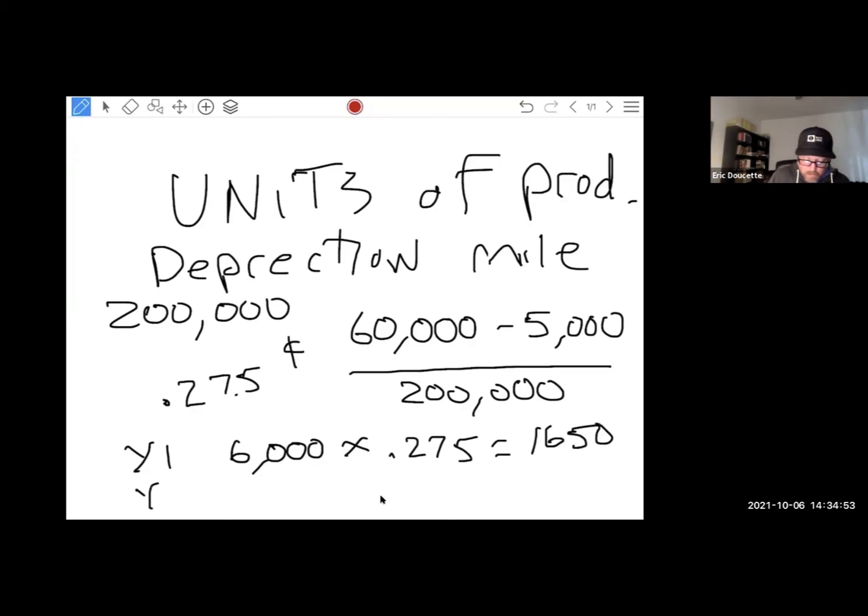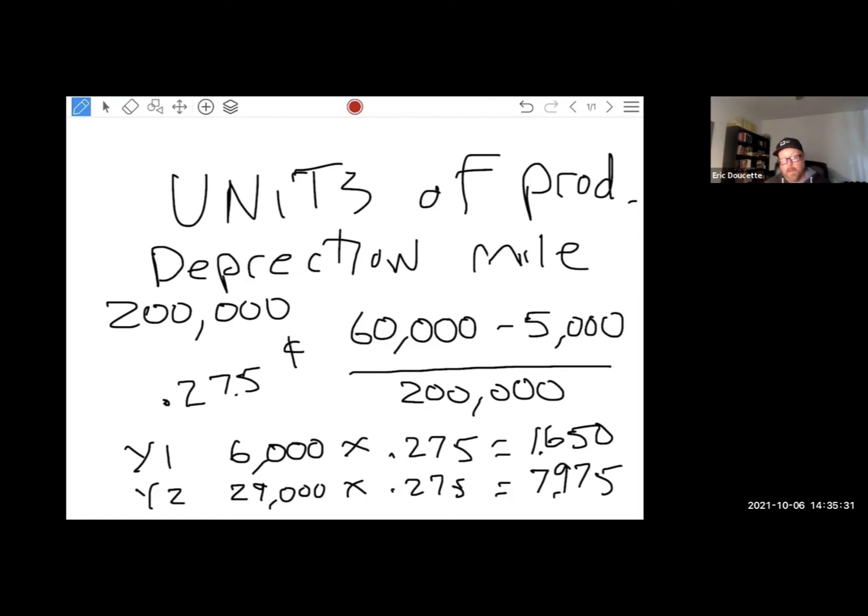If in year two I drove it 29,000 miles, so 29,000 times 0.275 equals 7,975. So in year one I didn't drive it that much, and I depreciated it in my books by 1,650. In year two I drove it a little bit more, 29,000 miles, so that was $7,975 worth of depreciation.